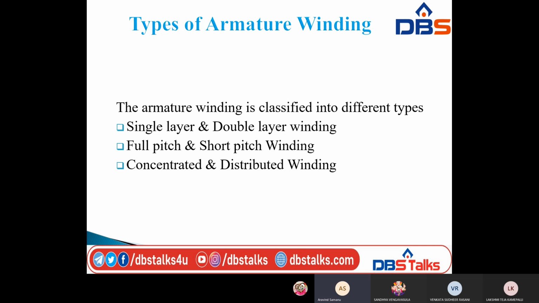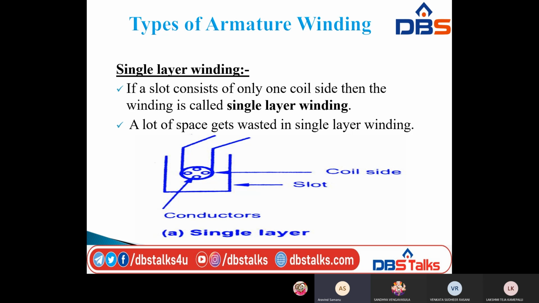Firstly, I am discussing the single layer winding. What is meant by single layer winding? If a slot consists of only one coil side. If you observe this diagram, I am taking one slot and one conductor.